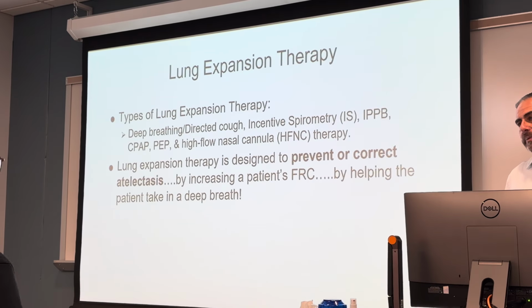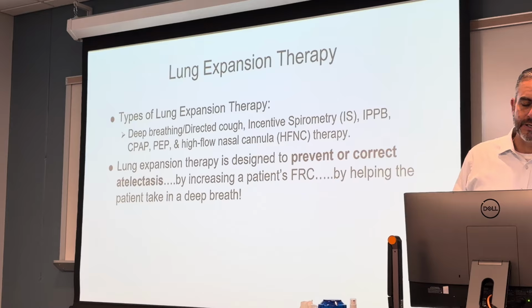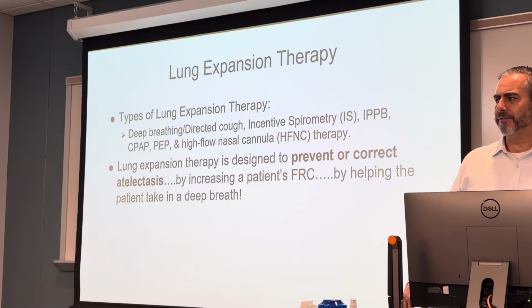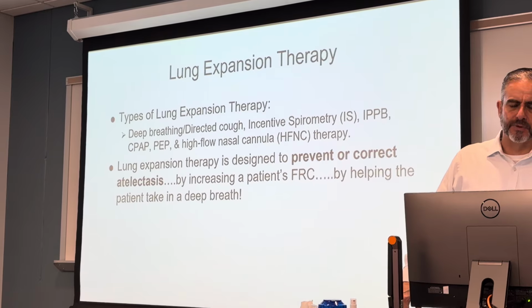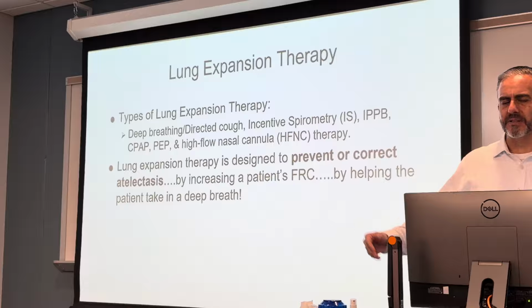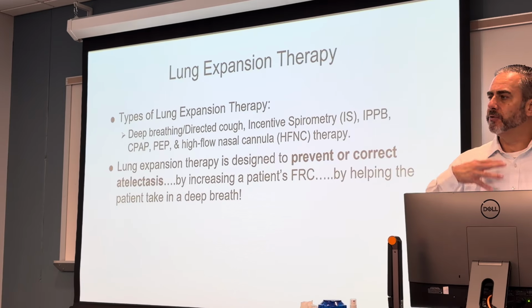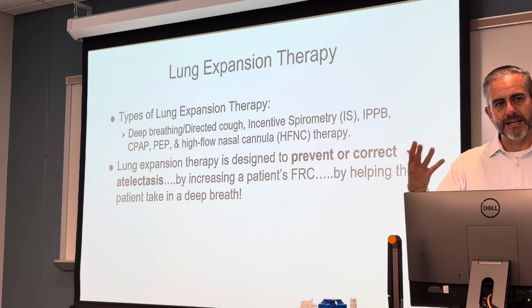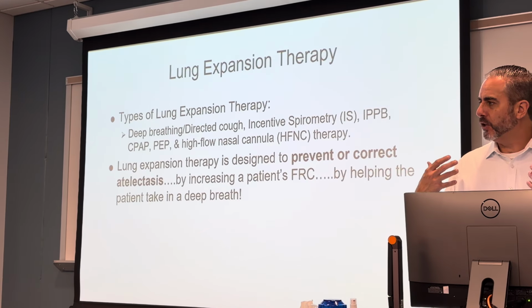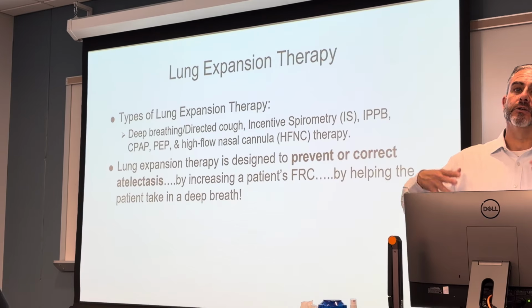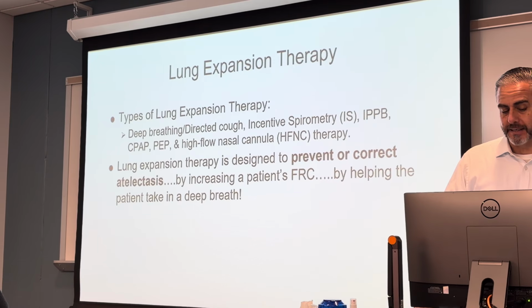PEP therapy: PEP stands for positive expiratory pressure. Those are some strategies we can use for lung expansion therapy. The chapter even mentions the high flow nasal cannula as a means to provide lung expansion. We won't get so much into that, but the theory is, with all this flow going to the patient, when the patient exhales, they exhale against this high flow, which could create back pressure. There's your lung expansion concept.